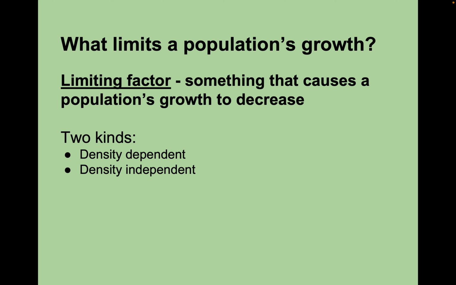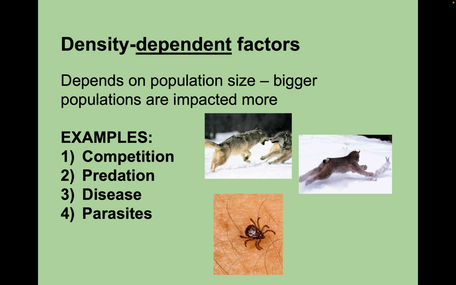What can limit a population's growth? Limiting factors. They're factors that limit the growth. There's two kinds for your notes. First up is density dependent. This means it depends on the population size. If there's more of you, it's going to impact you more. This includes competition.